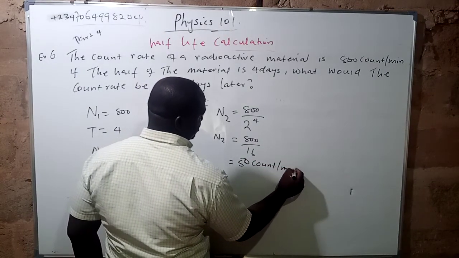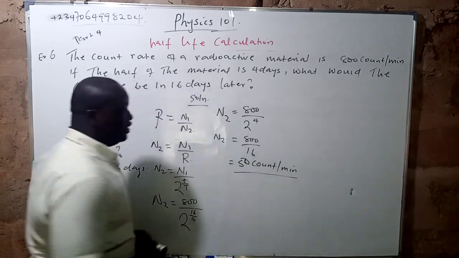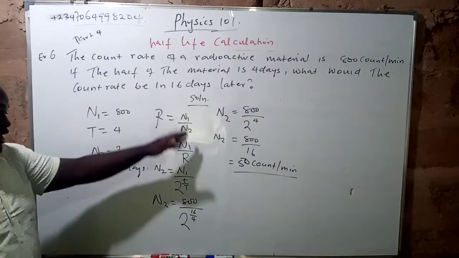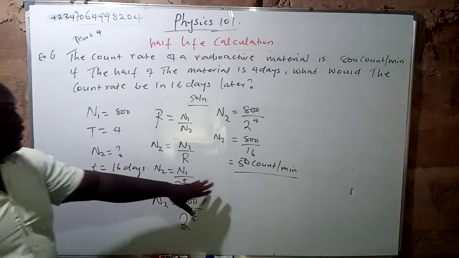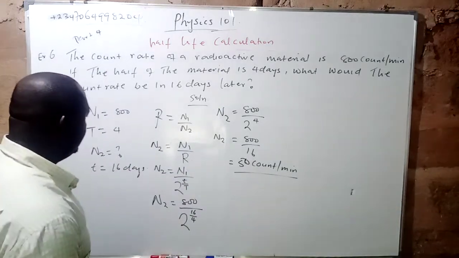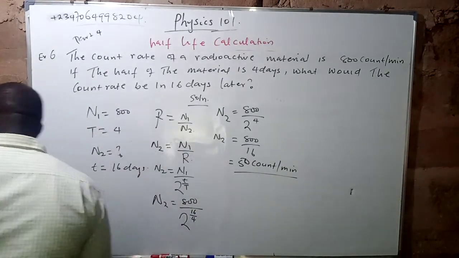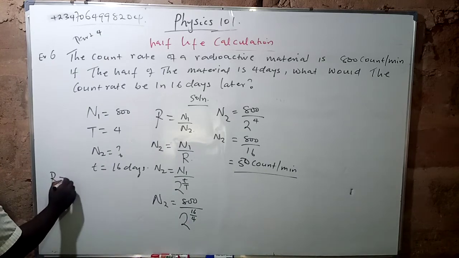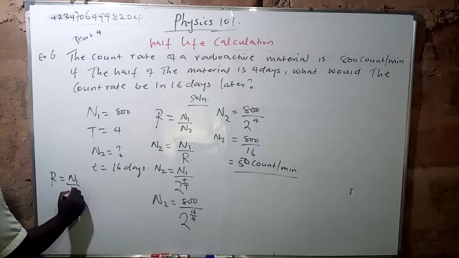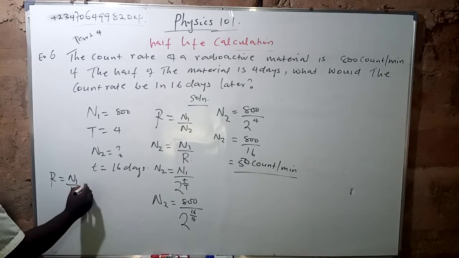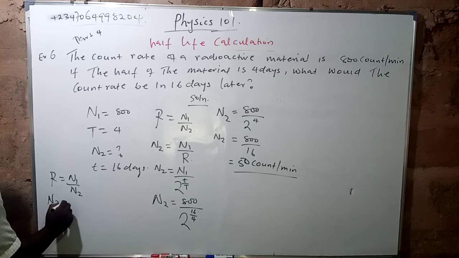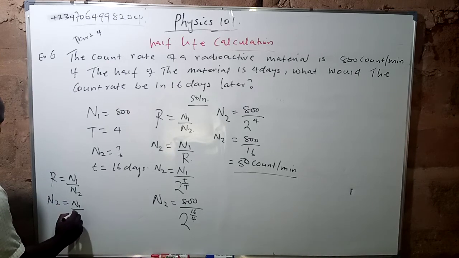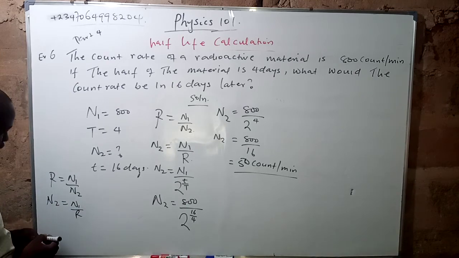Now, I wanted to give you an example where you can use this kind of formula and get it. If you want, you may not use this formula. You can simply go ahead with another, second method of solving this example. You can go ahead like this and say R is equal to N1 all over N2, right? And so your N2 is N1 all over your R, right? Good.